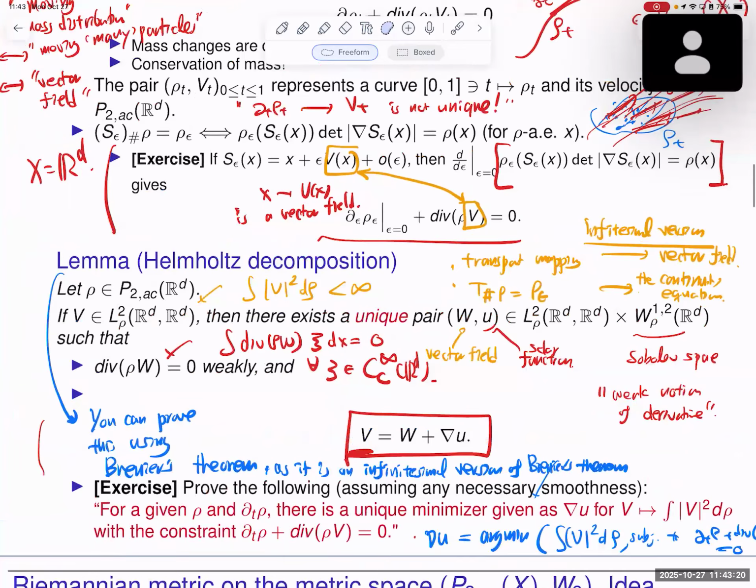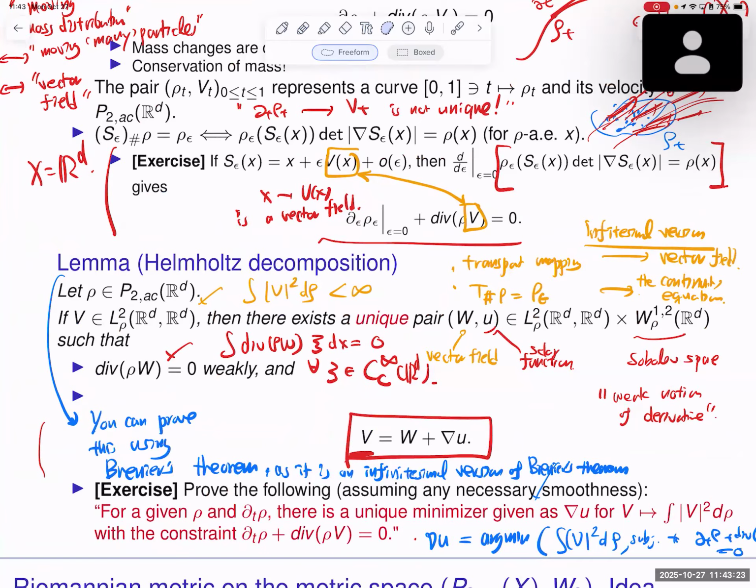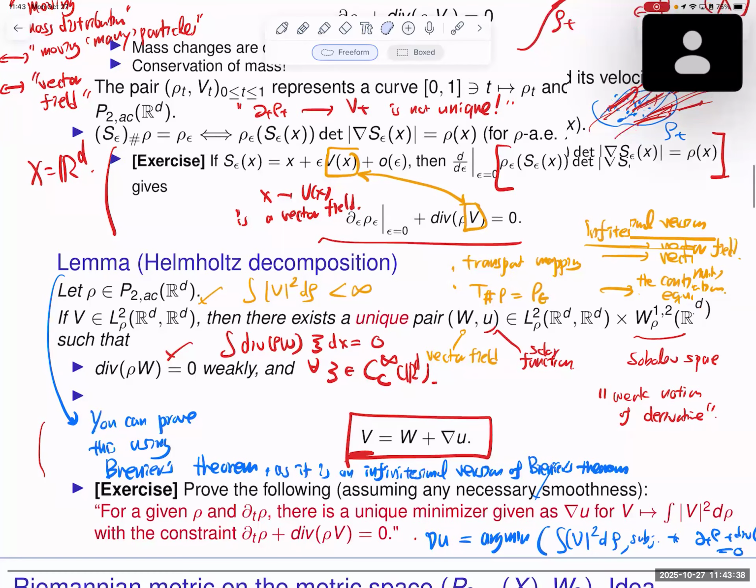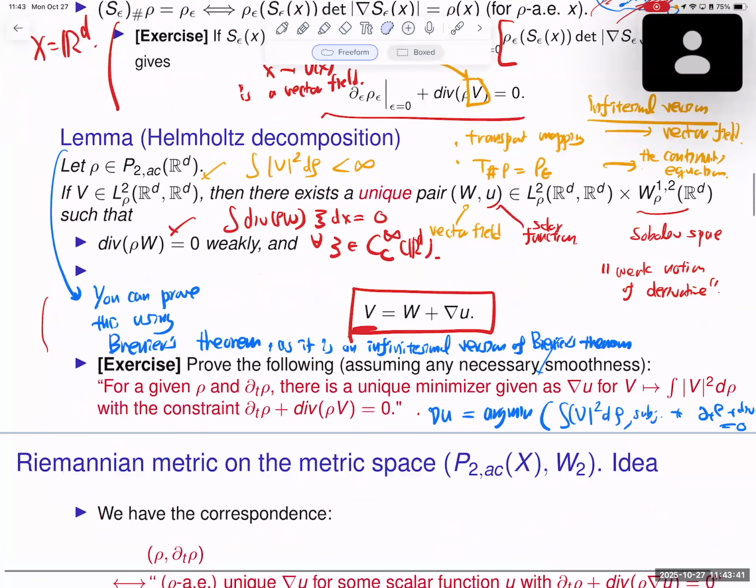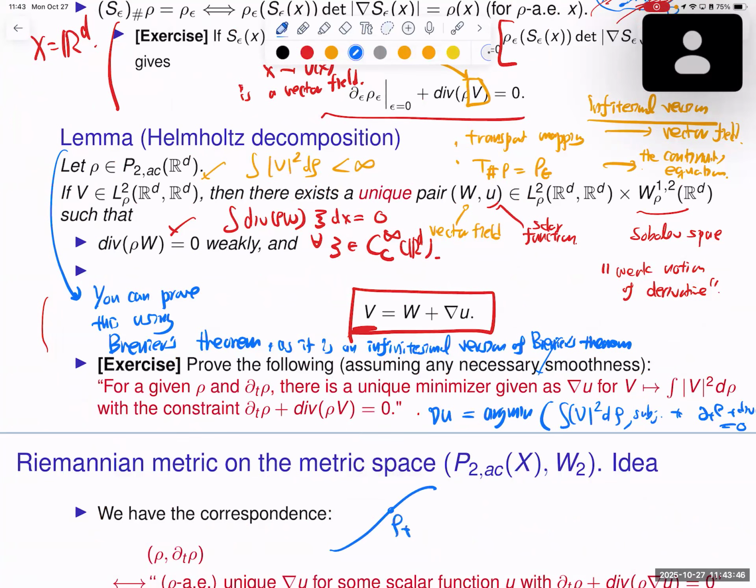So let's just try to summarize the important points. The important point is that given a curve, we can consider a kind of velocity of the curve. So the curve is like some rho t, and the velocity is like the derivative of this. Let me forget about this subscript.